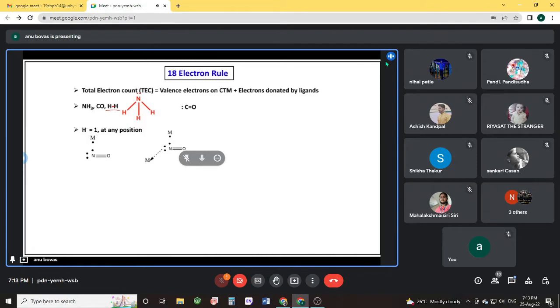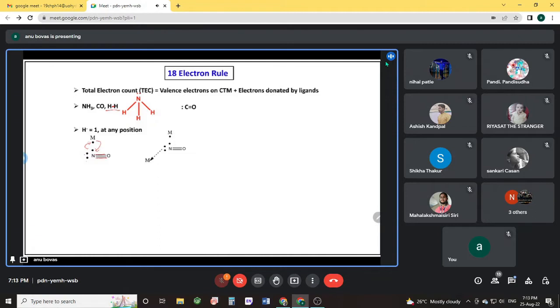Nitrosyl has nitrogen, which has 7 valence electrons. Among the 7 valence electrons, first nitrogen will try to complete its octet. So it will accept one electron from the metal, thus completing its own octet, and then it will donate one of its electrons, and hence nitrosyl in its linear form will act as a one electron donor.